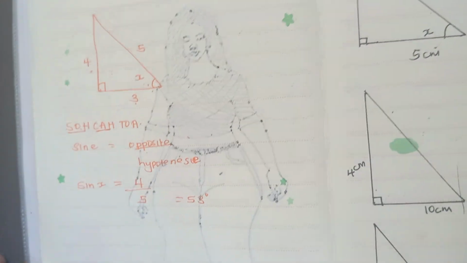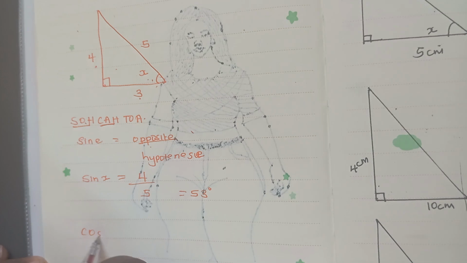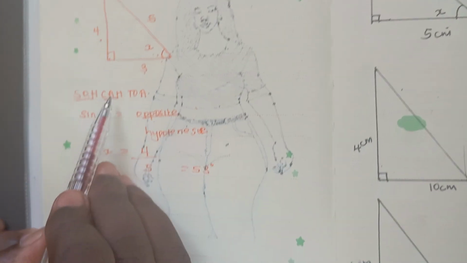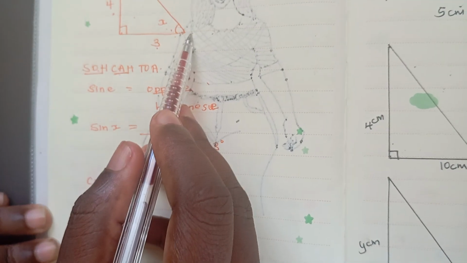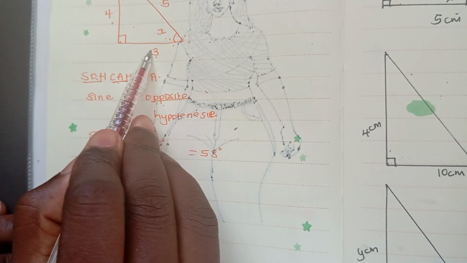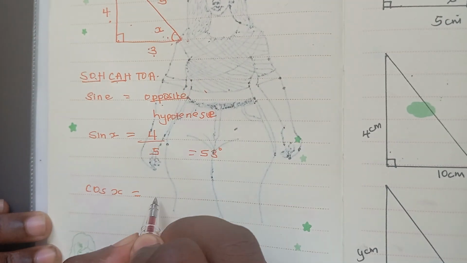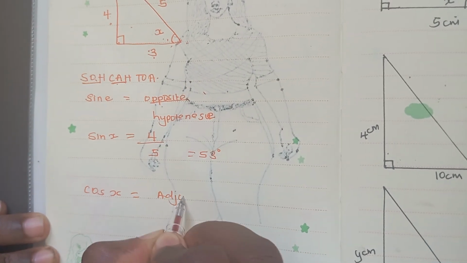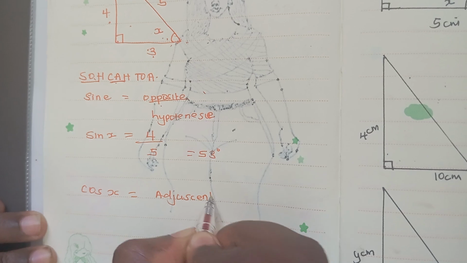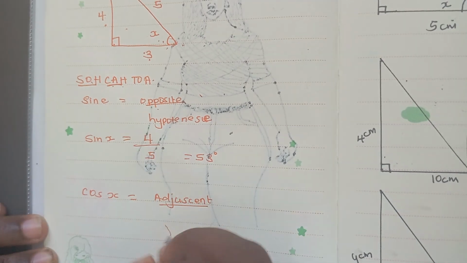Now let's see cosine. We are still using the same triangle. So cos x is equal to A, which represents the adjacent, the side that is closest to that angle, over H, hypotenuse.